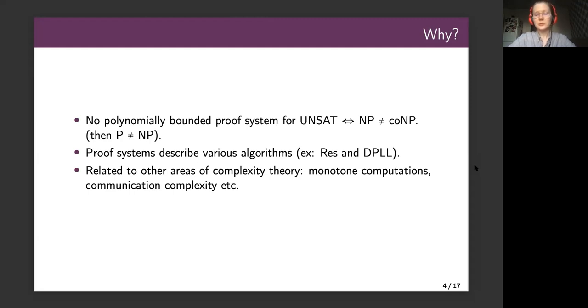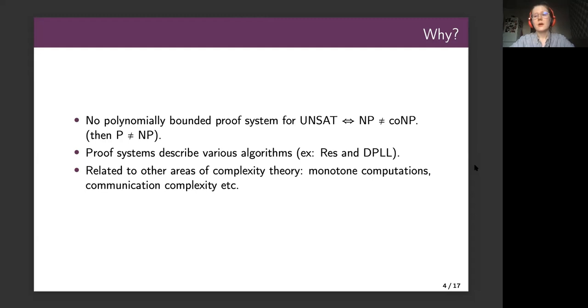We can only prove lower bounds on certain proof systems, but this is useful in itself too, because proof systems describe various algorithms, for example, algorithms for the satisfiability problem. The resolution proof system I mentioned describes runs of DPLL algorithms.